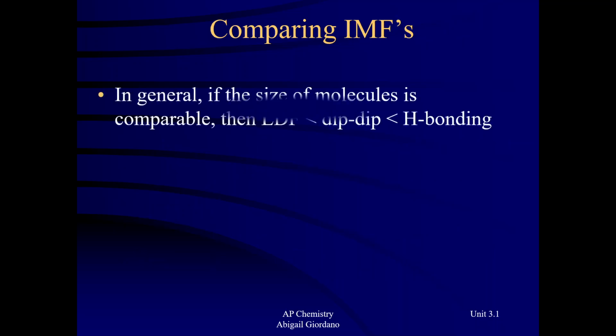So let's bring this all together, and then we'll end with an example problem. In general, if the size of the molecule is relatively similar, and you are asked to predict which one has the higher boiling point, then in general, something that is experiencing London dispersion forces only is typically going to have a lower boiling point than something that is experiencing all 3 intermolecular forces.